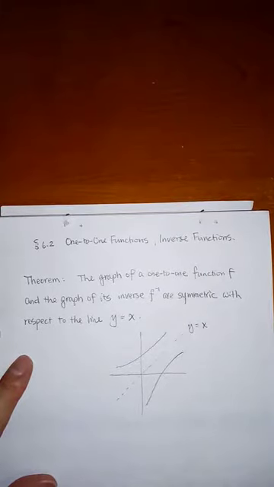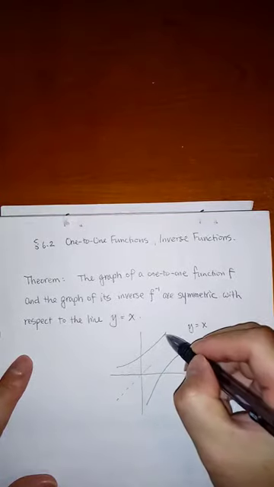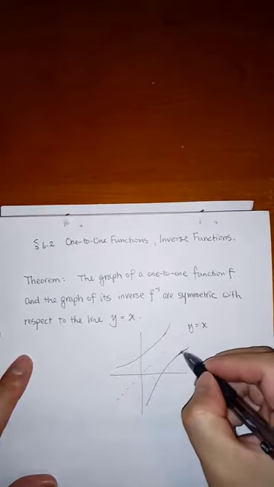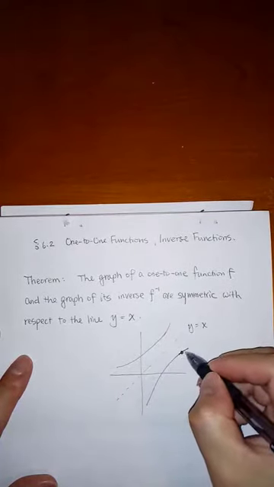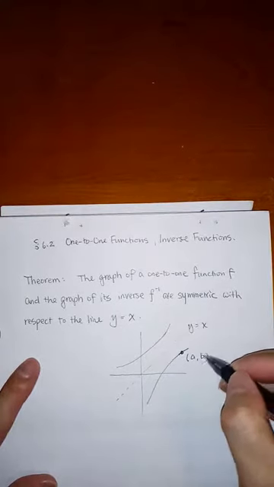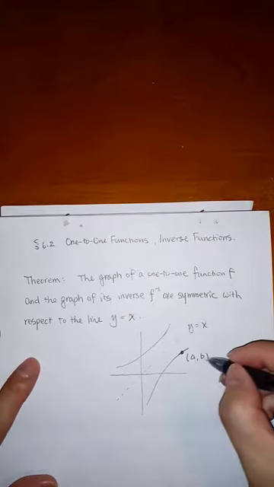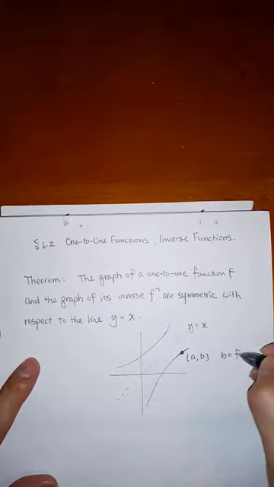Why? Once you have a point on the graph of the original function, assume this is point (a, b). When x is equal to a, y is equal to b, so b is f(a).